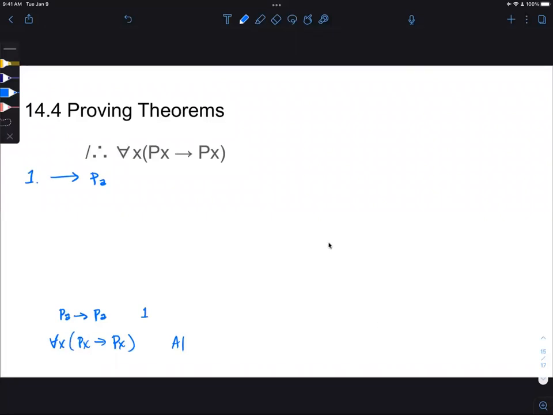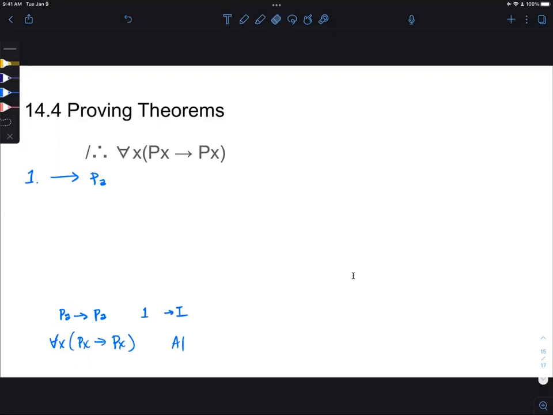And what are we calling conditional proof? Our conditional derivation, we're calling the rule arrow introduction, because technically at line 1, the first and the last line of the subproof are such that the first line is the antecedent and the last line is the consequent.